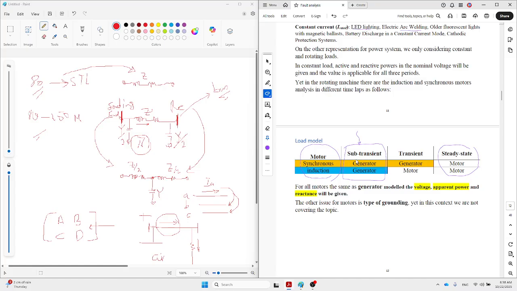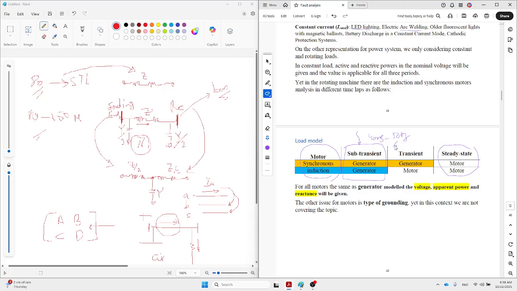So be careful about this during the exam or during the simulation. If I give you a synchronous or asynchronous motor, during the fault you must consider the motor as a generator for the subtransient period, which is 40 milliseconds for 50 hertz frequency.